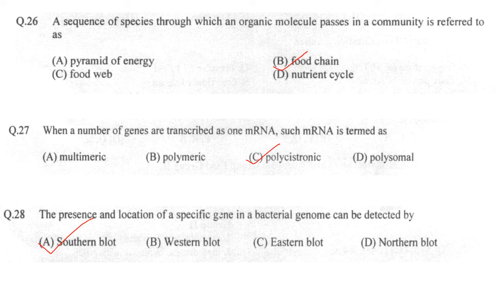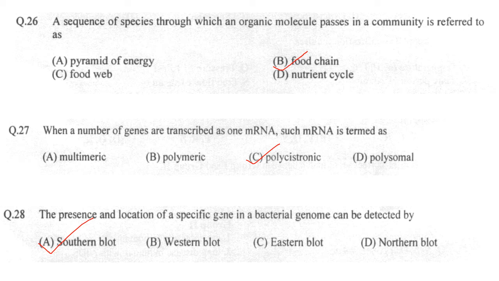Next one. A sequence of species through which an organic molecule passes in a community is referred to as. Option A, pyramid of energy. Pyramid of energy doesn't represent sequence of species. It shows only how energy is transmitted from one level to the next. The next is food chain.